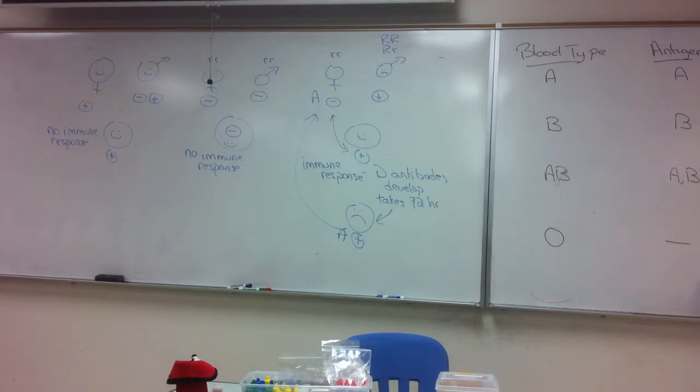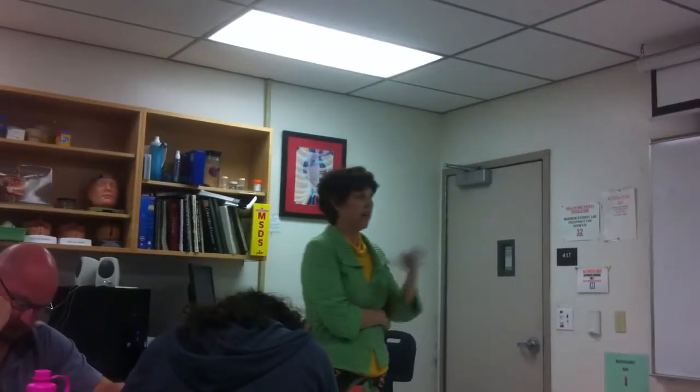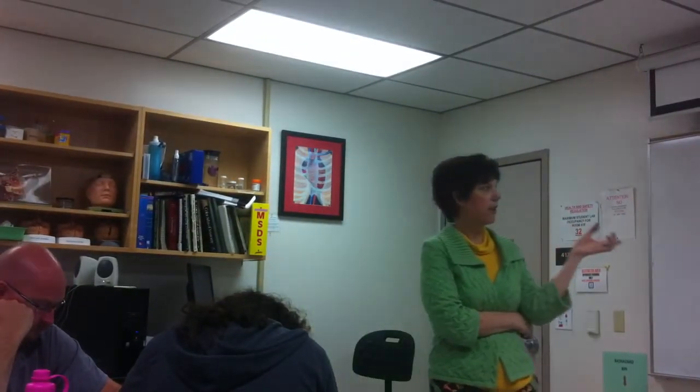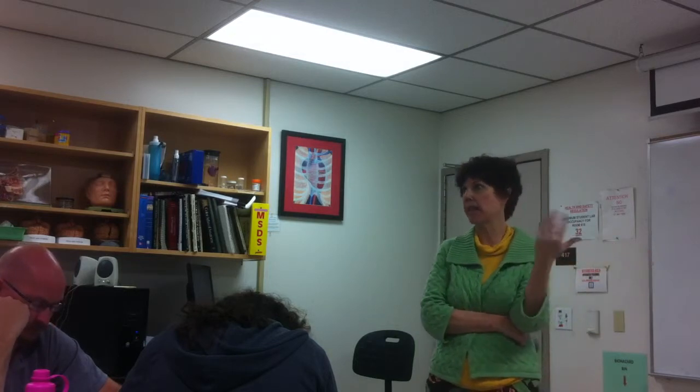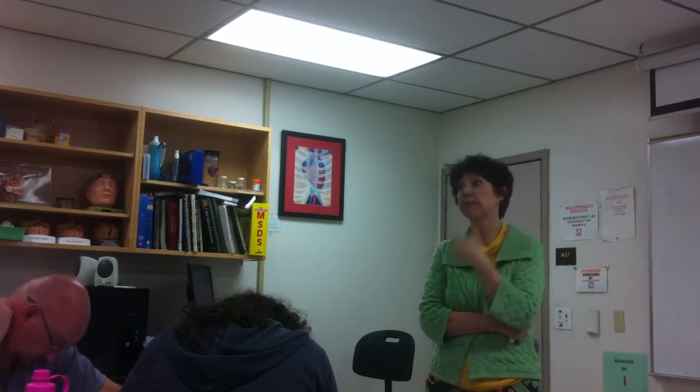It's not the A negative of the mother that's the problem, it's her D antibodies that are the problem. So they would give the baby A negative blood from somebody else that had no D antibodies, because if you give them positive, there might still be some antibodies left from the mother, since they don't completely replace the baby's blood when they do this transfusion.